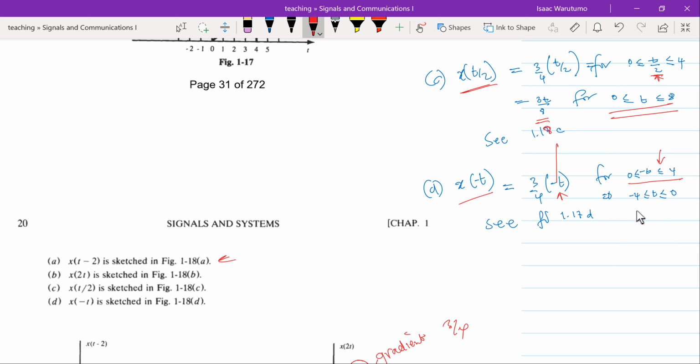So it would say 0 is greater than t, and t is greater than -4. But this is not a proper or acceptable method of representing this.